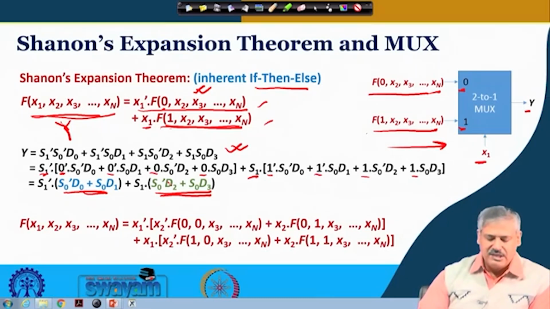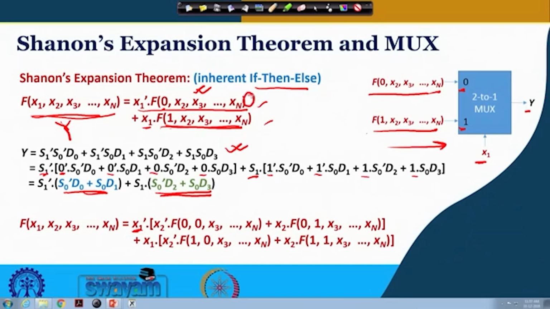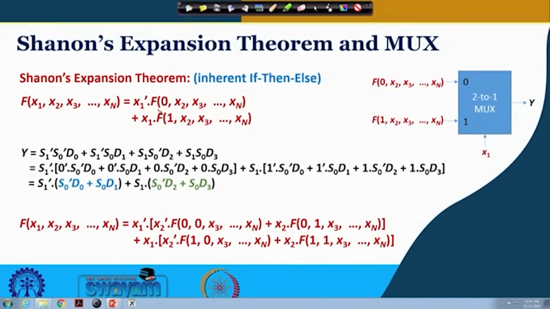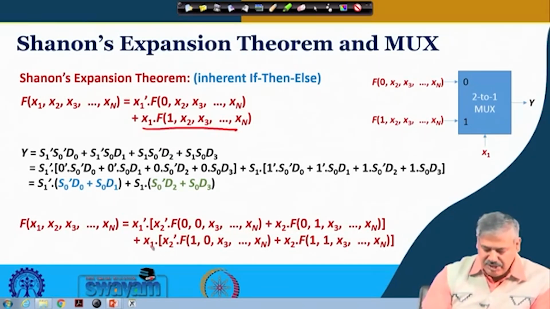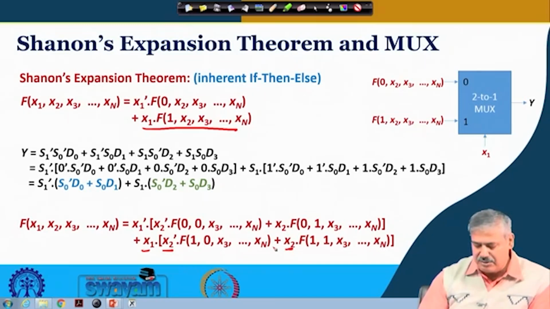And we also note that Shannon's expansion theorem can be nested. First you take x1 out, and whatever equation you get, you can take x2 out. By which you can write this expression and the other expression, and similarly you can look at this expression, so you can take x2 out, so x2 prime here and x2 over here.